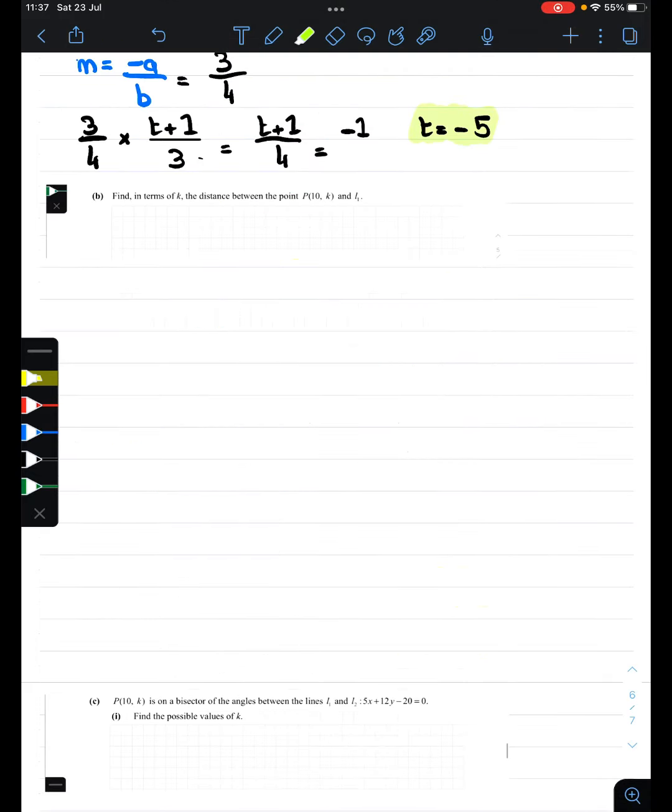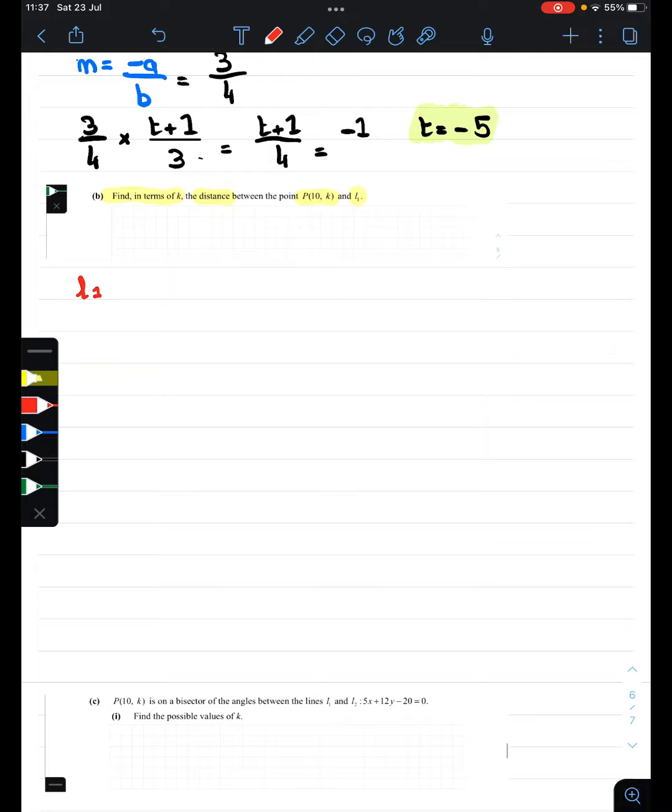Now find, in terms of k, the distance between the point P, which is (10, k), and the line L1. Let's just write down our line and our point.